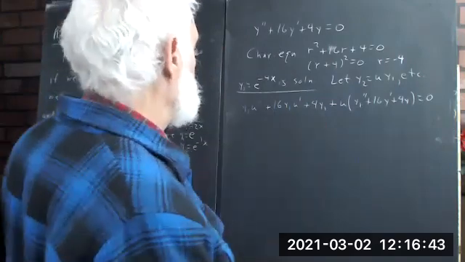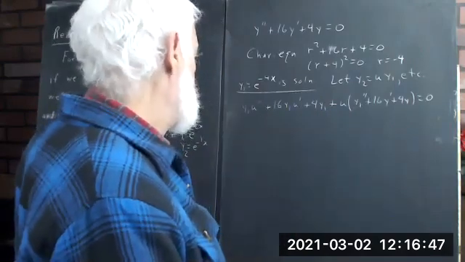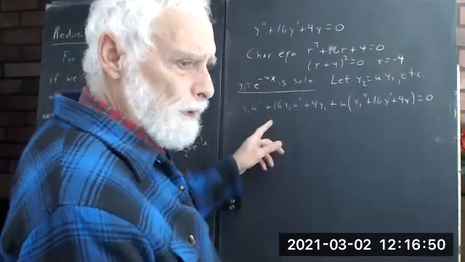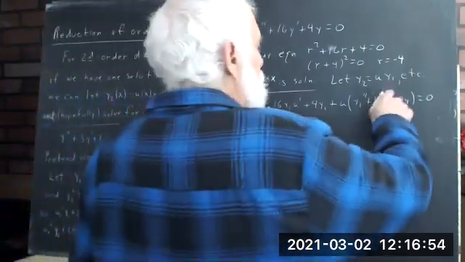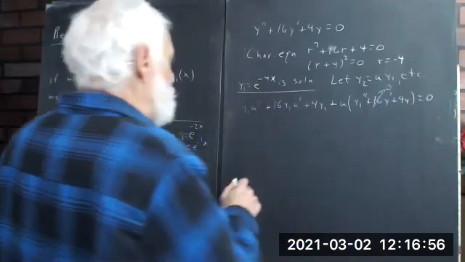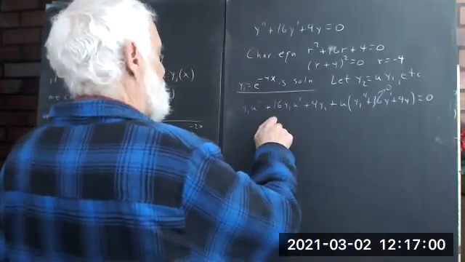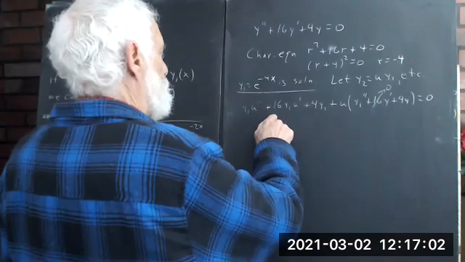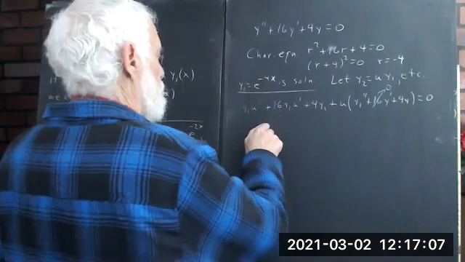I'm going to get three terms there, and I've got to have this and this. I think and hope this is right. This is 0. So now you get y1 u double prime, but y1 is e to the -4x.